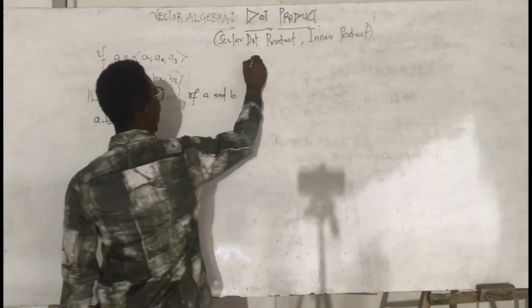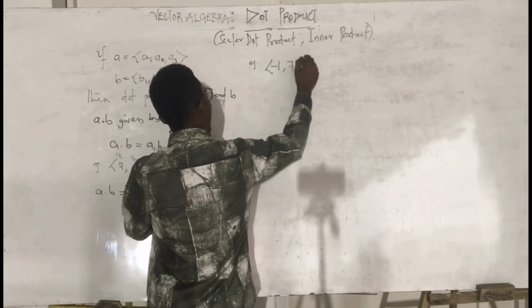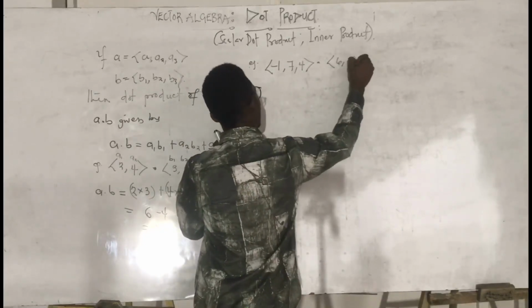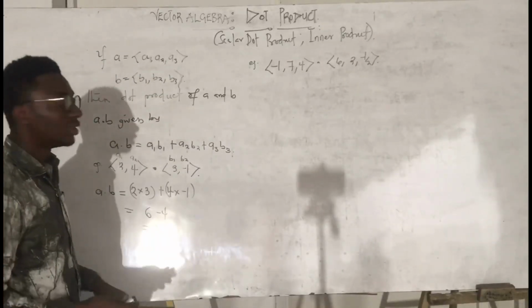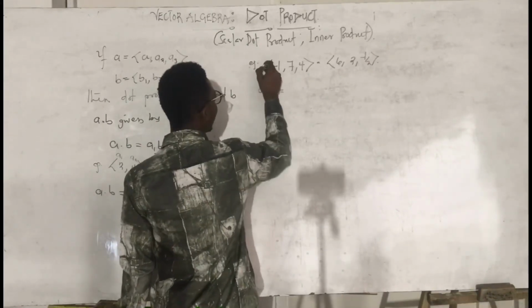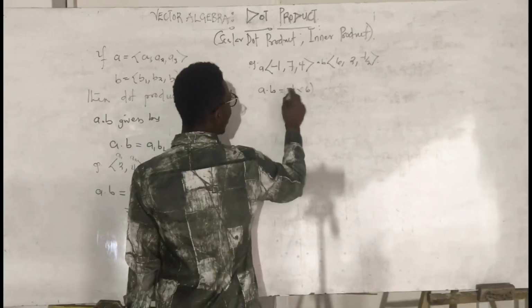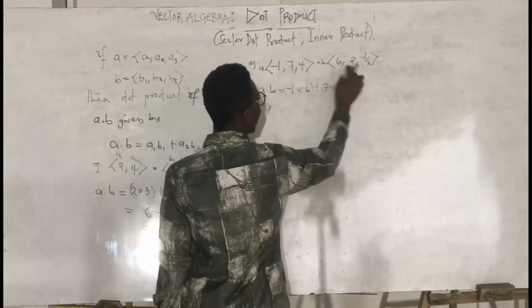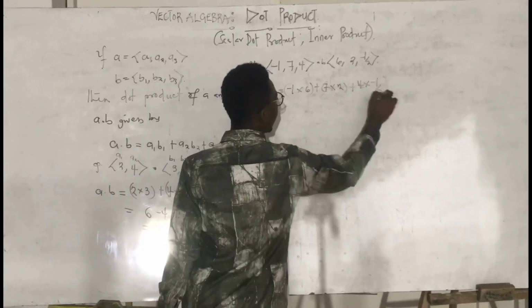The same way, let's try another example: the vectors (-1, 7, 4) in a dot product with (6, 2, -r). Your dot product A dot B is -1 times 6, plus 7 times 2, plus 4 times -r.